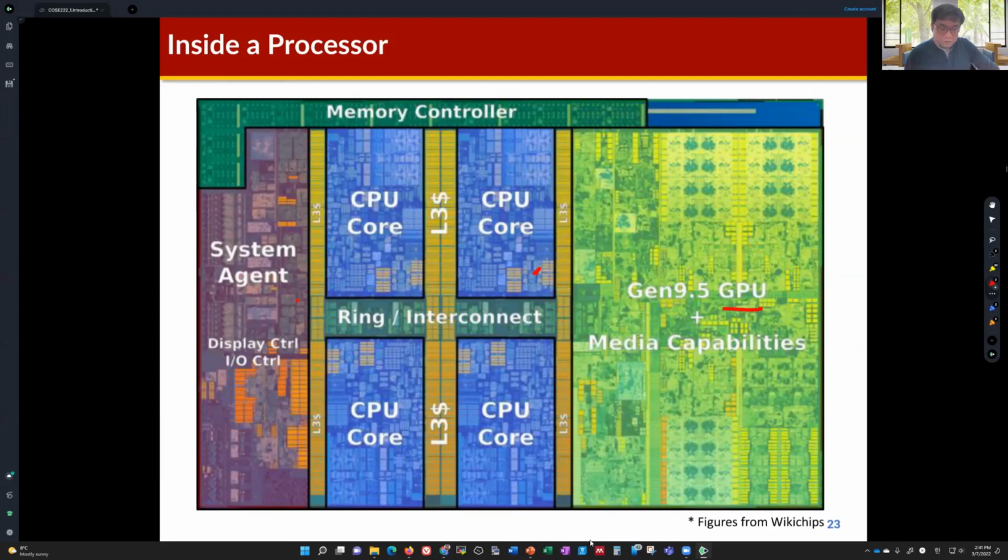And then also we can find the level 3 caches, like here. So if we see this photo, we can get the brief structure, the brief components inside of the Intel i7 CPU. Okay, so what can we get? What is the information we can get from this photo?